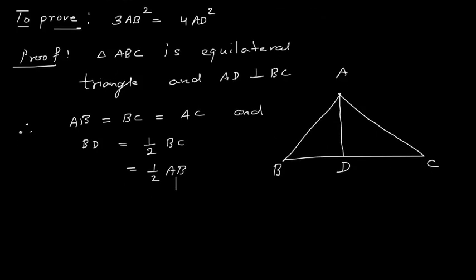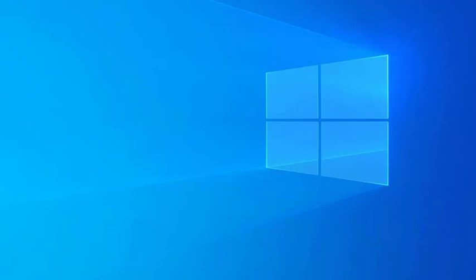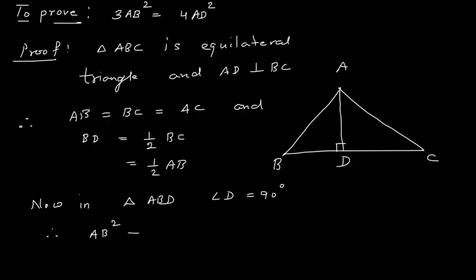Now I will take triangle ABD. Now in triangle ABD, angle D is equal to 90 degrees. Therefore, in triangle ABD, AB square is equal to AD square plus BD square.